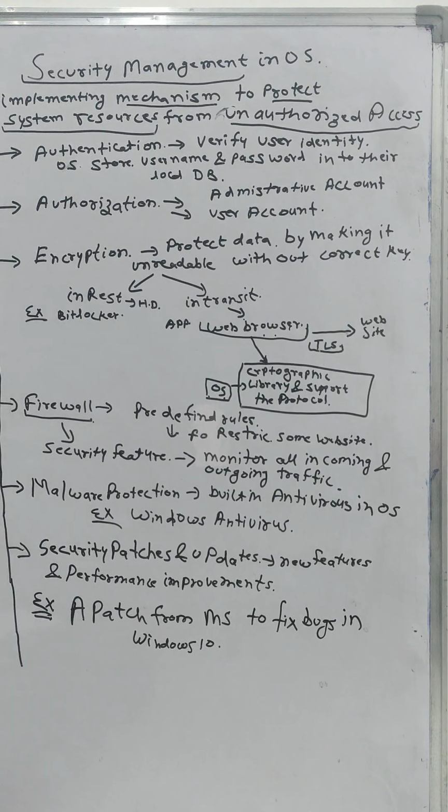So this was security management in operating system. The first one is authentication, which verifies user identity. Authorization restricts some resources of the system from unauthorized accounts. Encryption will encrypt your data, at rest or in transit.